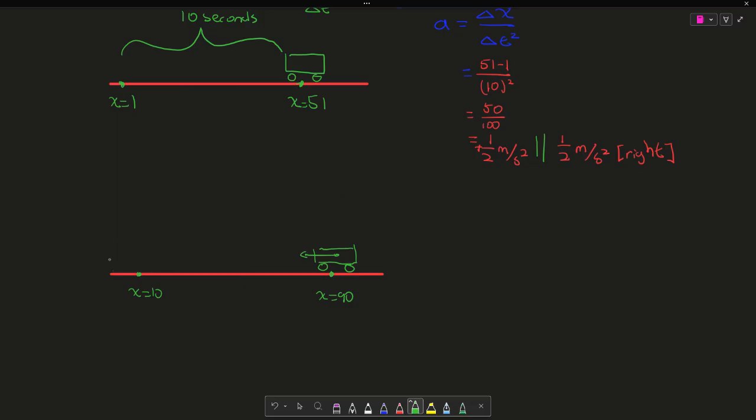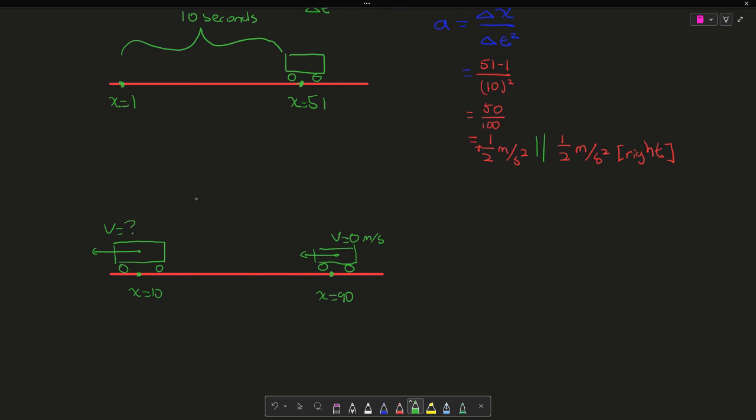And it started from rest. So here v equals 0 meters per second. And it went all the way to x equals 10. And when it was at x equals 10, we want to know what its velocity is. So v equals what?